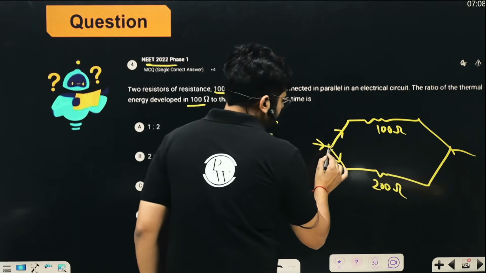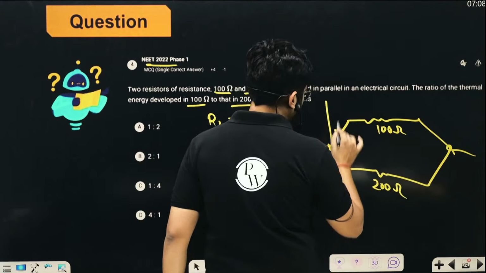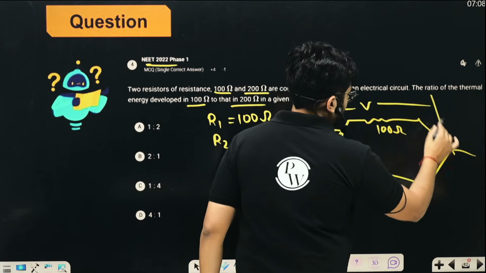Can I say that the potential difference across both of them will be same because they are connected in parallel?